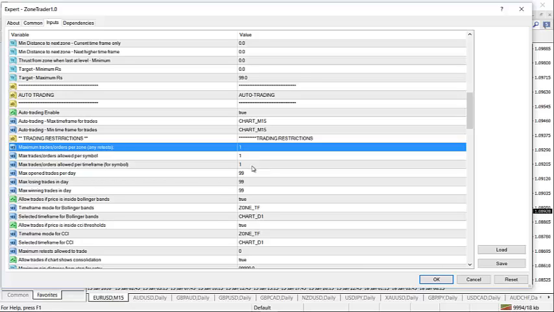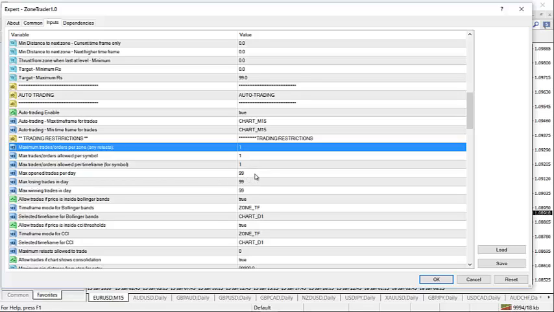So for instance, 15-minute or 30-minute charts, when you only have one time frame set up to be allowed to trade, as we have in this example, we're using the 15-minute, then clearly you're not going to get any orders placed against any other time frames than the 15-minute chart.